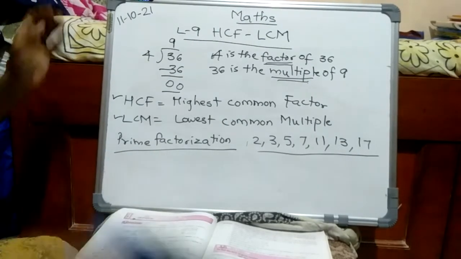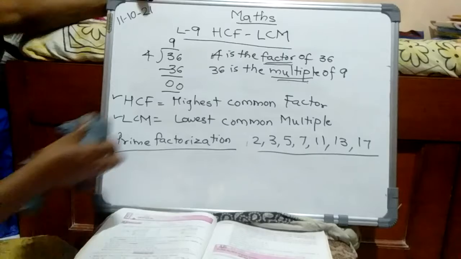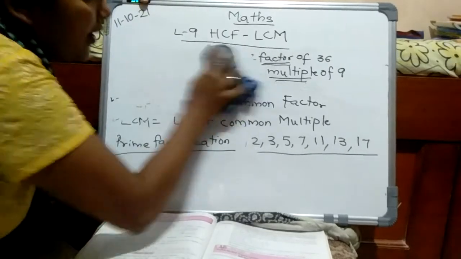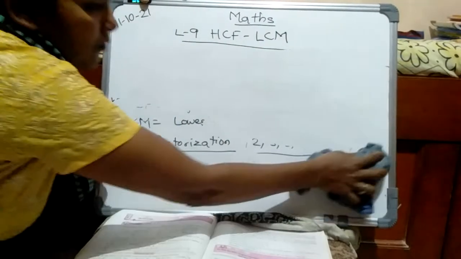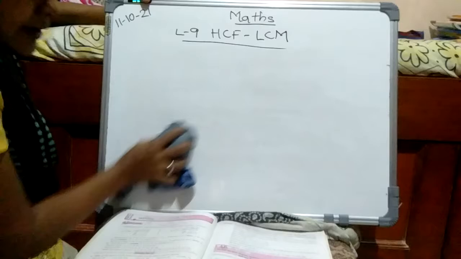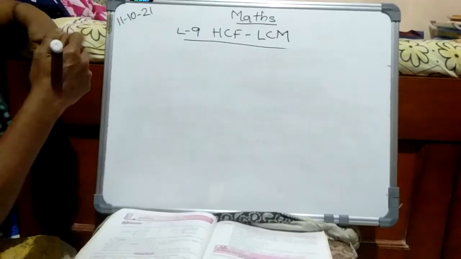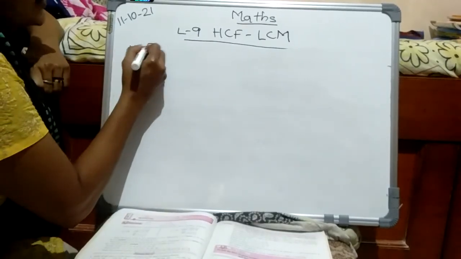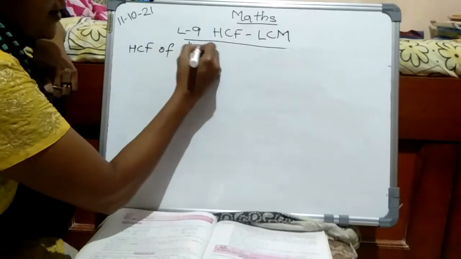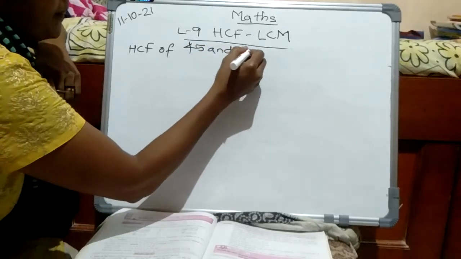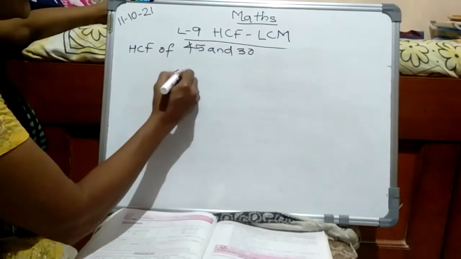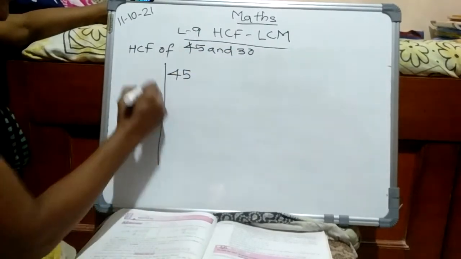Okay, the first thing is how to find the HCF of 45 and 30. Now we will take this number 45 over here.